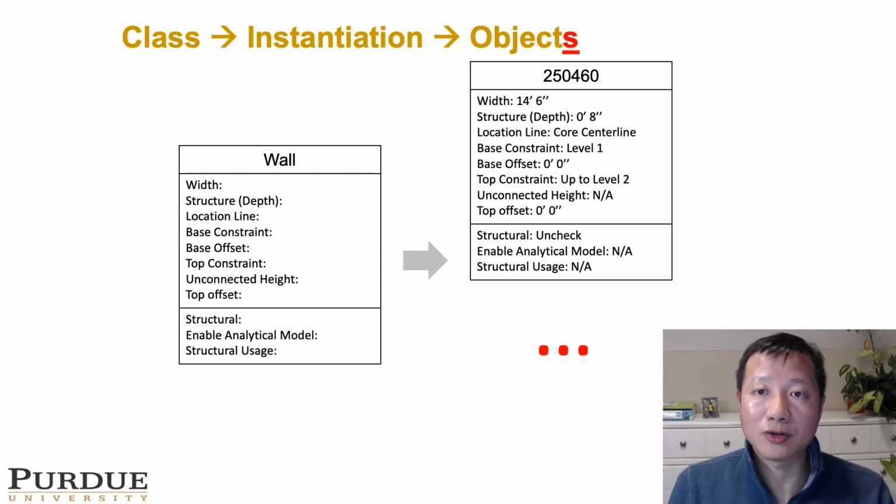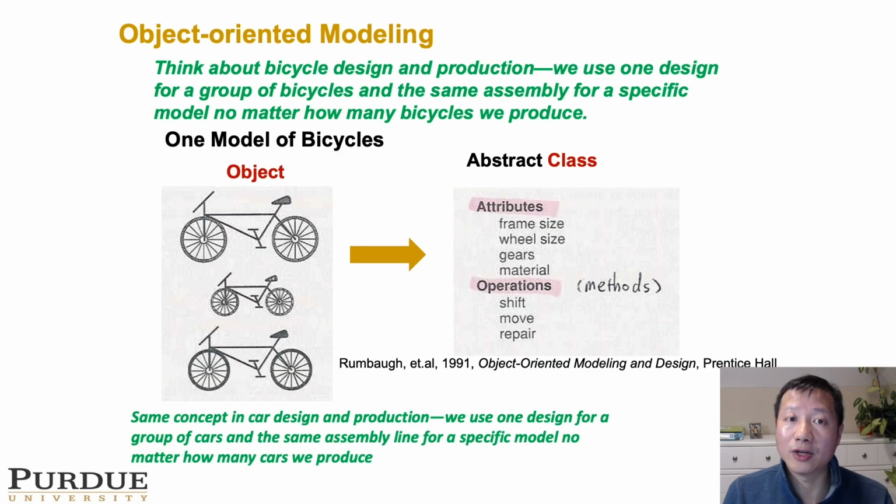Instantiation. So again, taking objects and grouping them into a single class, this is the process called abstraction. And when you take a class design and create many objects based on this design, this is called instantiation.